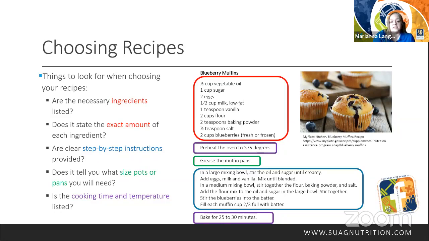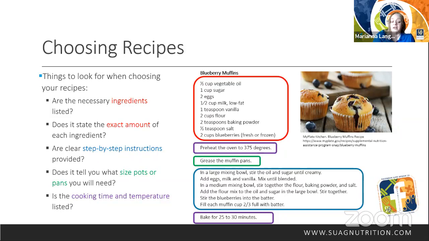If you don't have the instructions written in those step-by-step clear sentences, it could lead to some confusion. Now, does it tell you what size pots or pans you're going to need? Such as this one where it says to grease the muffin pans. That lets you know that you're going to need a muffin pan to prepare the recipe.